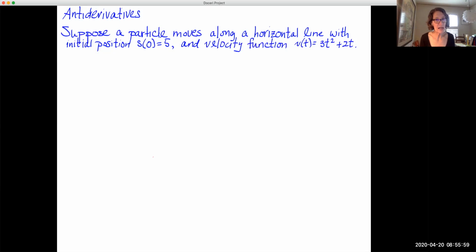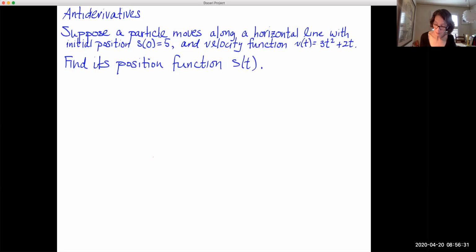And remember, velocity is the rate of change of position, so velocity is the first derivative of the position function. So the question is, let's find its position as a function of time. So let's look for s of t. All we know is v of t and s of 0.